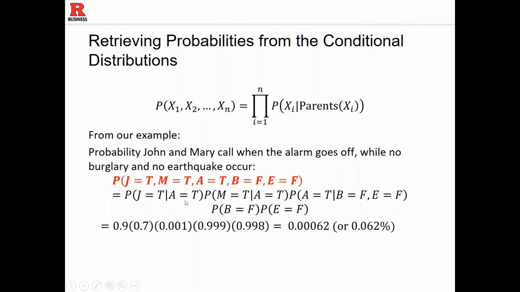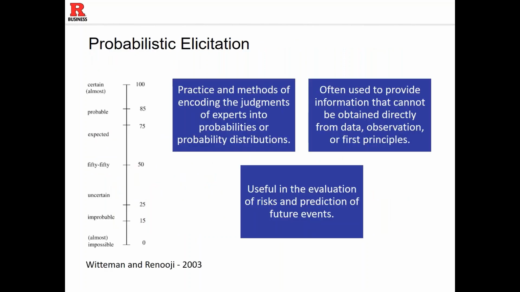I can determine mathematically, and the formulas are less important, what that exact probability is, which is great if we're looking to make a decision based on that. Here it's a very small probability, 0.062%, but the key takeaway is that if I have the data, I can compute that information. But let's say we don't have data.